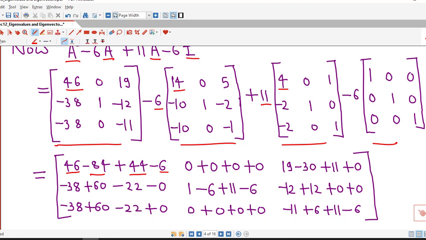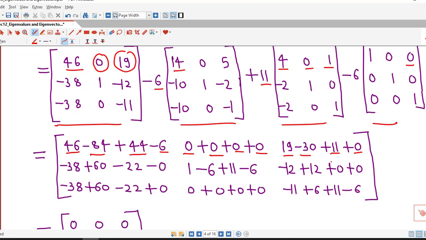Then second entries, here we have 0, this is 6 into 0, that is 0, 11 into 0, 0, 6 into 0, 0. Then third entries, 19 minus 5 into 6, which is 30, 11 into 1, 11, and 0.